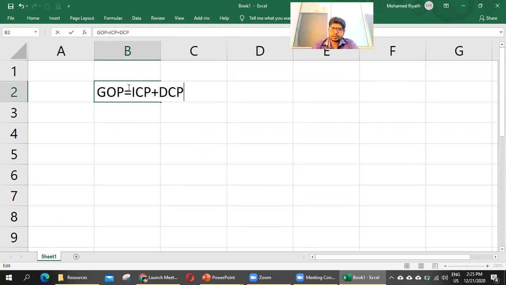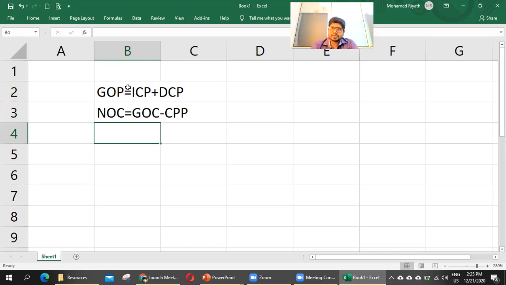And net operating cycle, sometimes called cash cycle, equals gross operating cycle minus creditors payable period. First, we will work out how to calculate inventory conversion period.